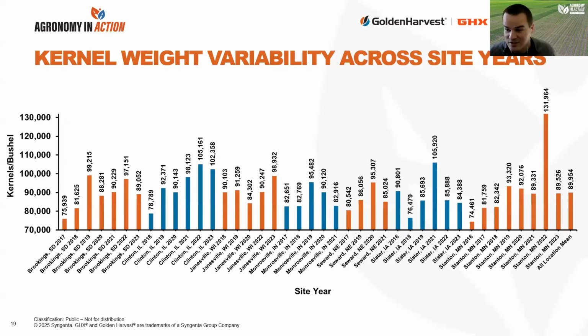The last thing I want to draw attention to is that last bar, the location average. Across all our hybrids and all the locations, we're averaging roughly 90,000 kernels per bushel. The old rule of thumb for yield estimates was to use 90,000 kernels per bushel. But again, there's a very, very large range depending on the environment.